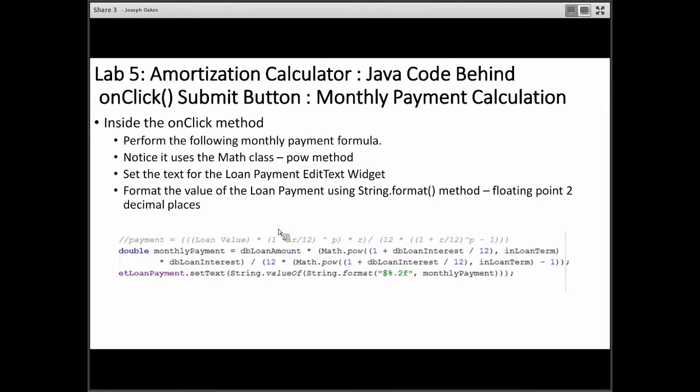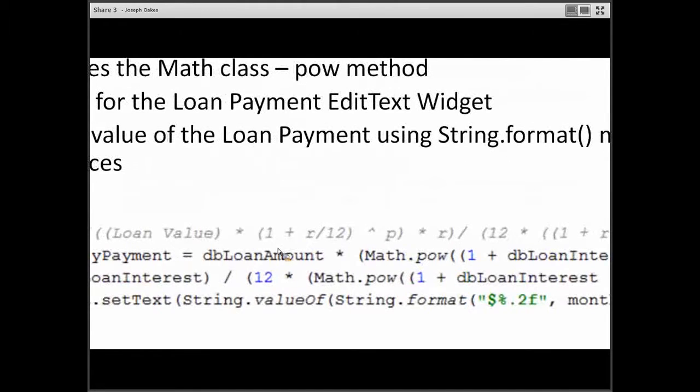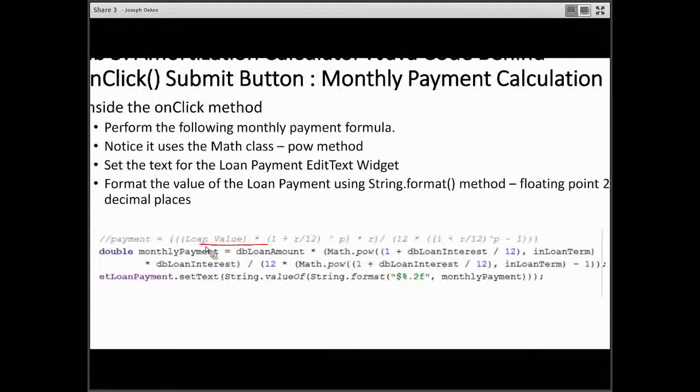Now, this is the formula that I'm showing right here. It's kind of ghosted out there because it's a comment, but this is the formula, and then this is the implementation of that formula. So if you look at it, you have the loan amount, the rate, and from all that, we're kind of creating this.